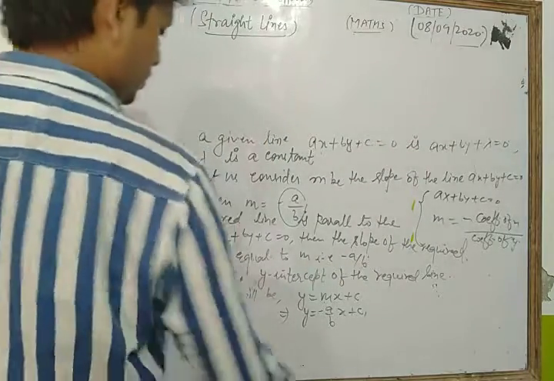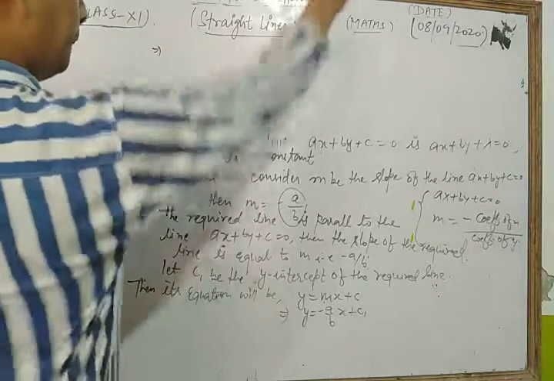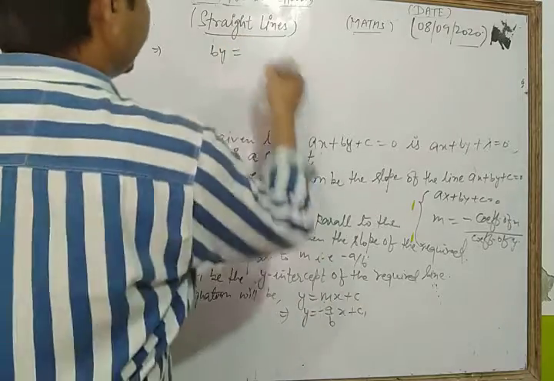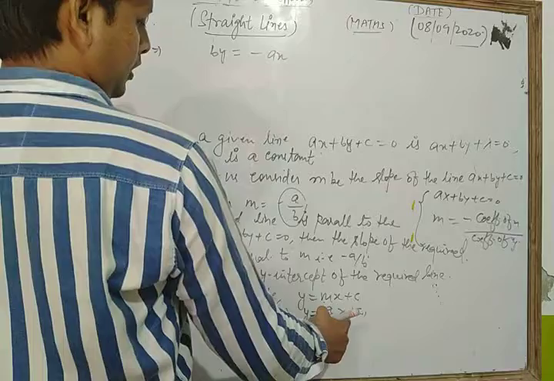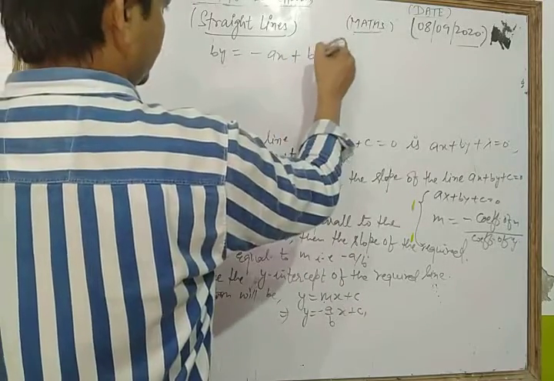Now, after taking the LCM, we have by is equal to minus ax plus bc1.